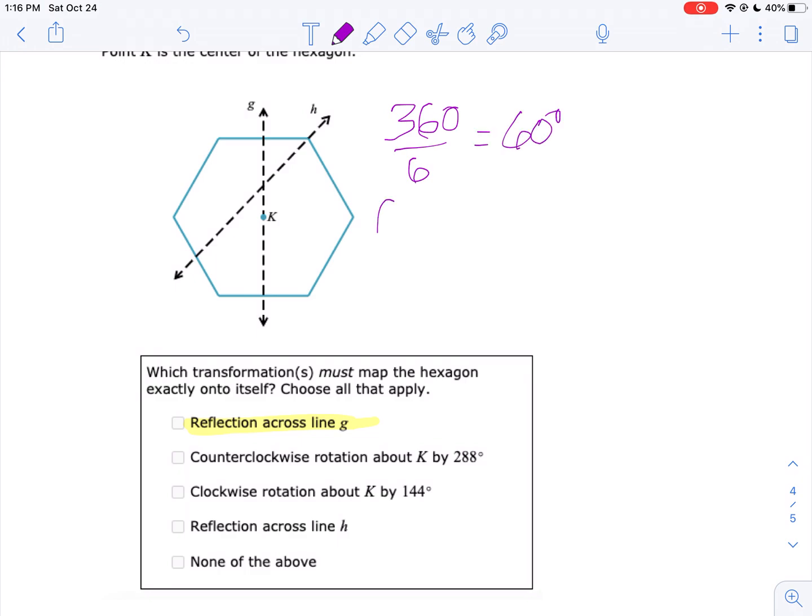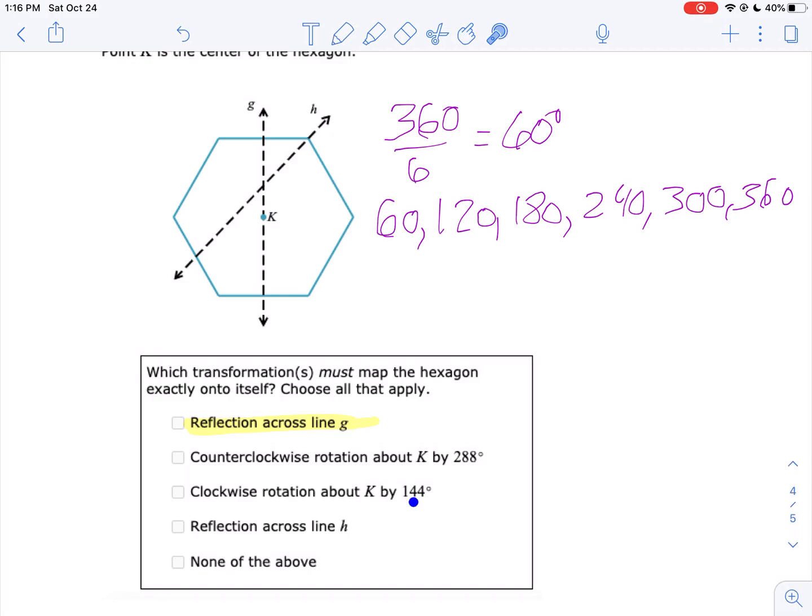So every multiple of 60 is going to be a rotation that would rotate onto itself. So 60, 120, 180, 240, 300, and 360 degrees. Those will work. 288 is not a multiple of 60 though, is it? So do not select that one.